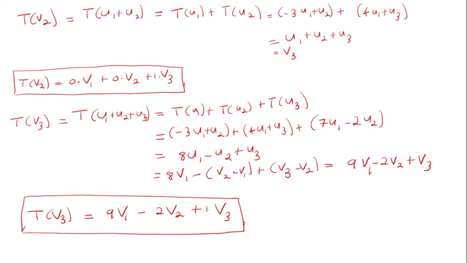Right. Now I finished writing TV1, TV2, TV3 in terms of V1, V2 and V3. Again I will write them in a separate place.